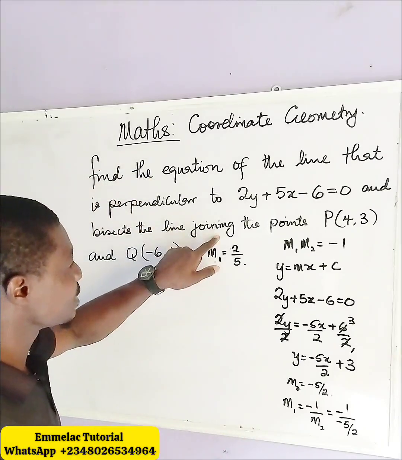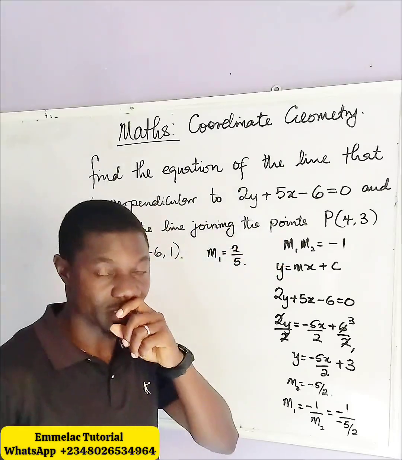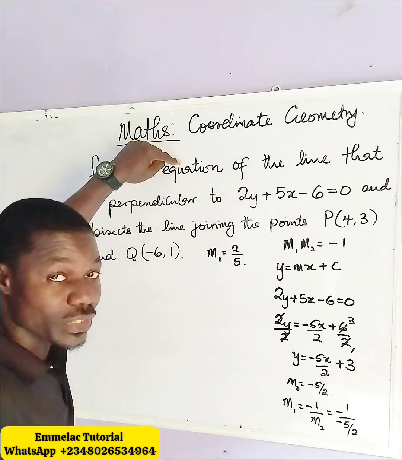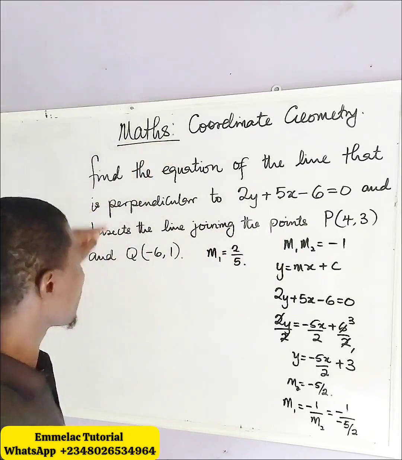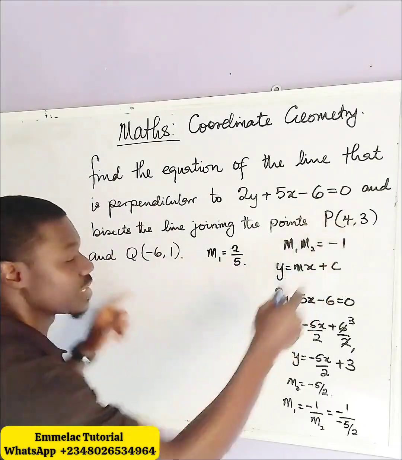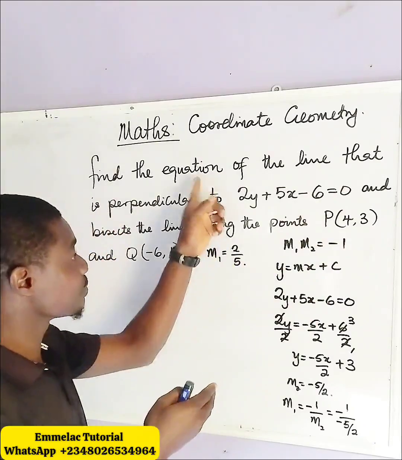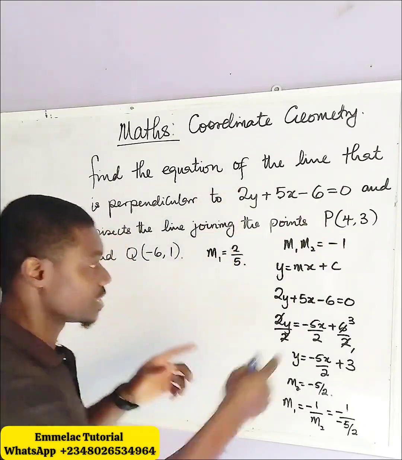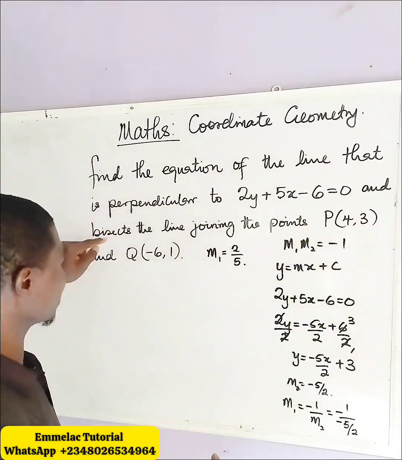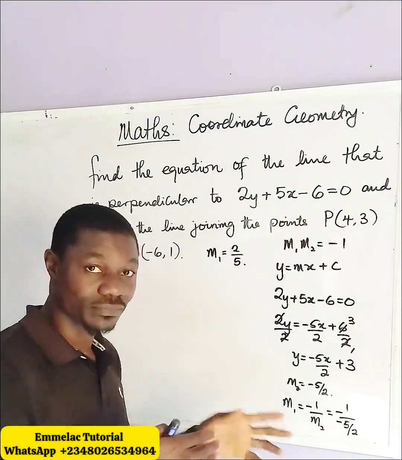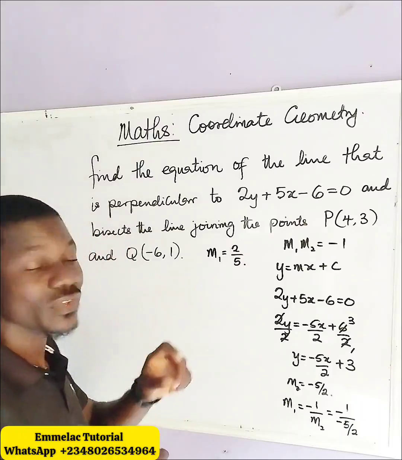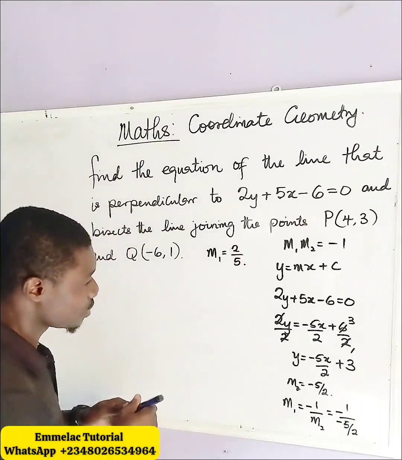Okay, now the next thing we need to look at again is that the same unknown line bisects the line joining the points. It means that the line divides the line joining these two coordinates into two equal parts, because bisect means dividing a line into two equal parts.